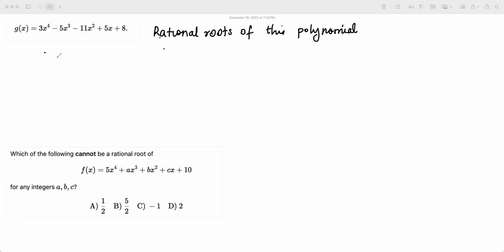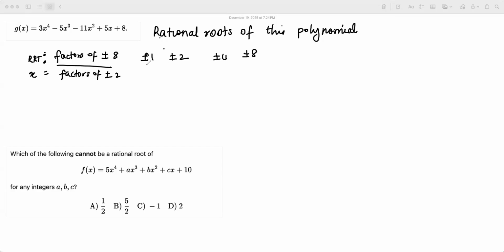So basically, the rational root theorem: the rational x value can be factors of plus or minus 8 divided by factors of plus or minus 3. Wait, isn't it 3?